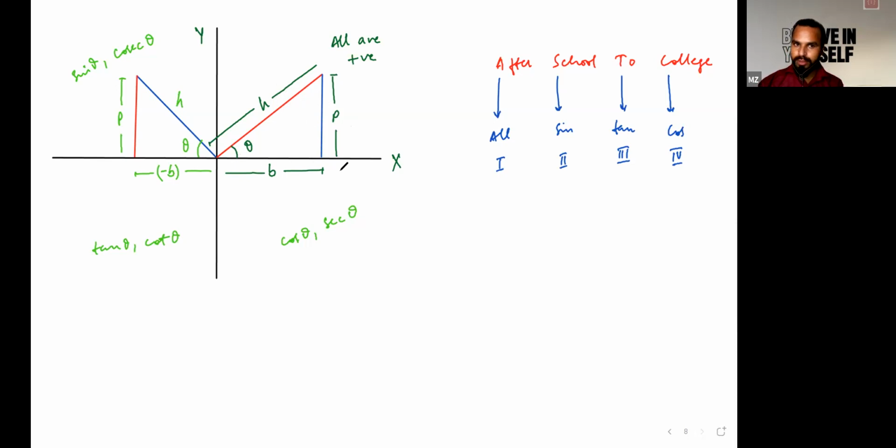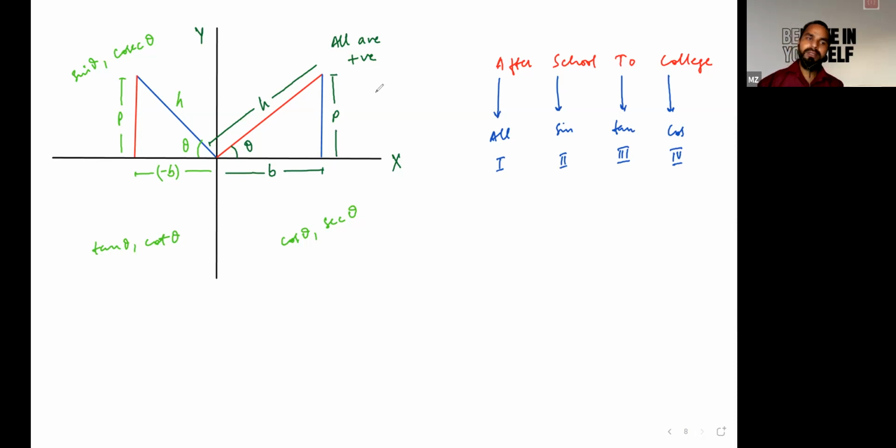Base is along the positive x-axis, so it will be positive. Perpendicular is on the positive y-axis, so it will be positive. And hypotenuse is the square root of the sum of base square and perpendicular square, so it will always be positive. Since this triangle has all of its sides positive, it will give you all trigonometric ratios as positive values.